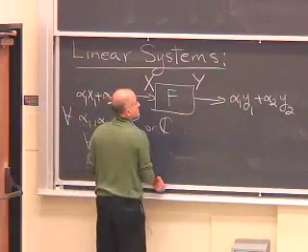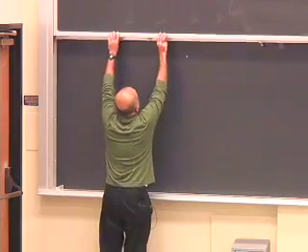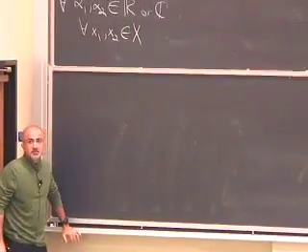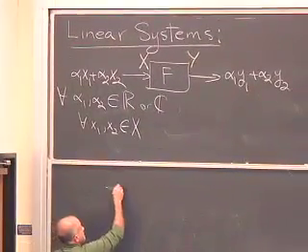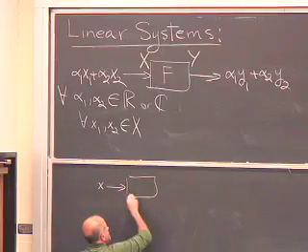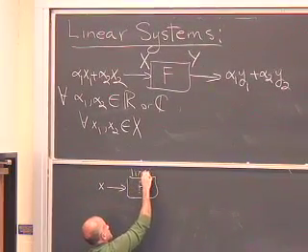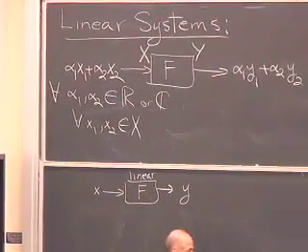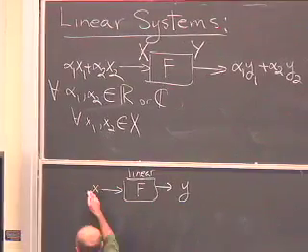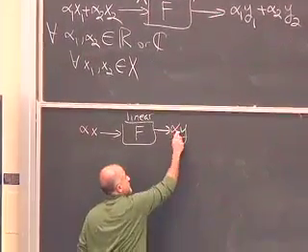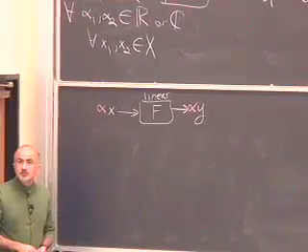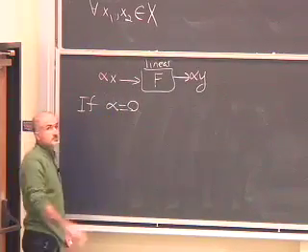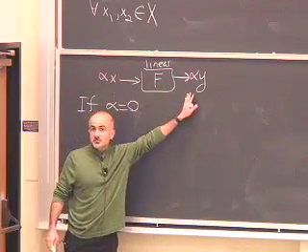One of the consequences of linearity is that if I take just one signal and look at the output, y, you know that if I scale the input signal by some constant alpha, the output gets scaled by the same constant. Okay? This property must hold for all alpha scalars.